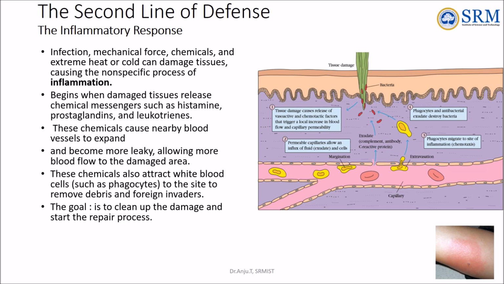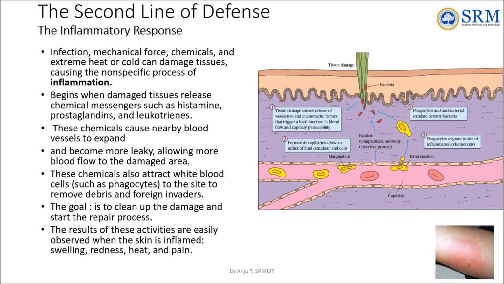The main objective of the inflammatory response is to prevent the entry of foreign particles through the tissue damage, clean up the damage, and start the repair process. In the inflammation region, you can see the skin has slight swelling, redness, heat, and pain.